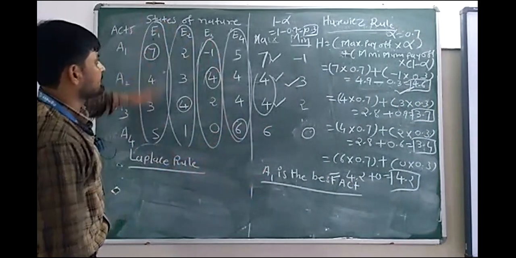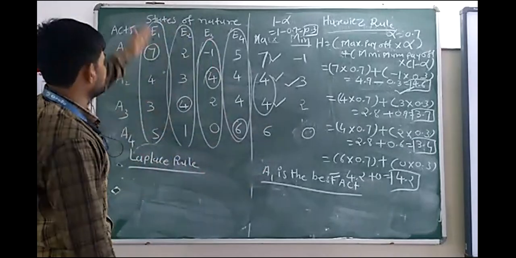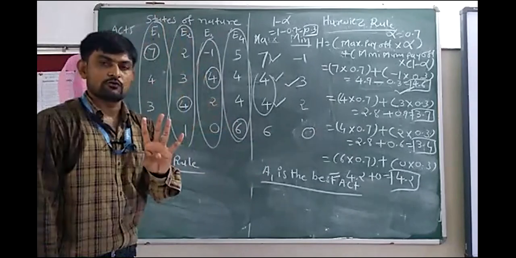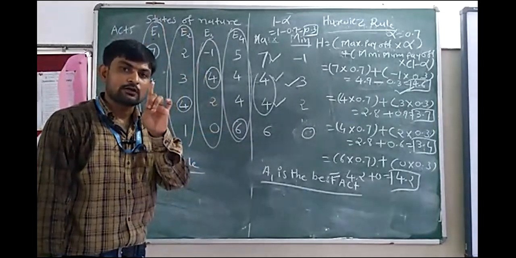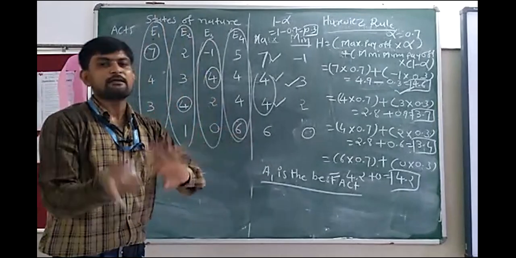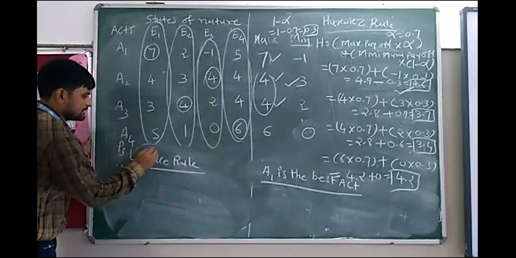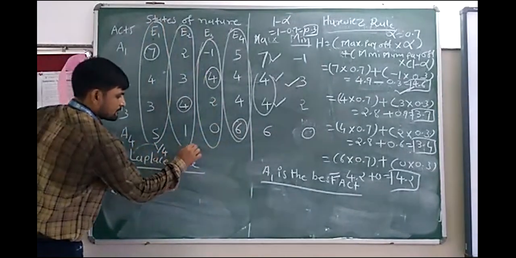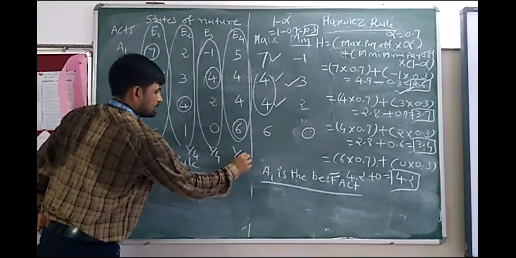That means all have equal probability of happening. So how many states of nature are there? 4. So what is the probability of one particular state of nature? 1 by 4. So here we'll write Pj, probability 1 upon 4, 1 upon 4, 1 upon 4, and 1 upon 4.